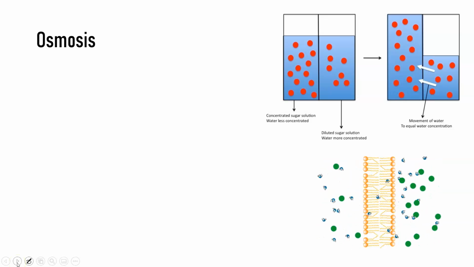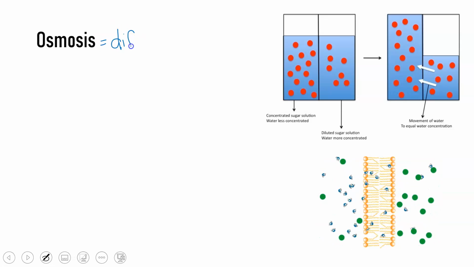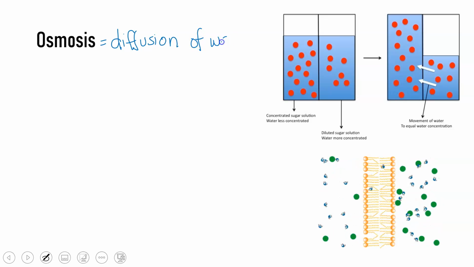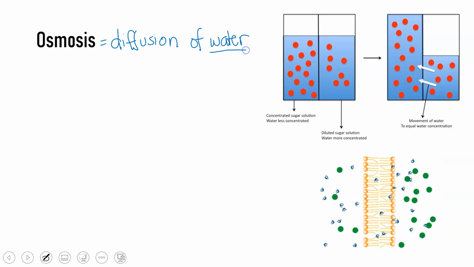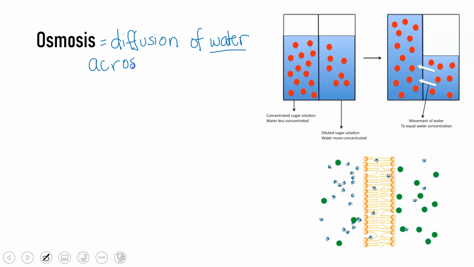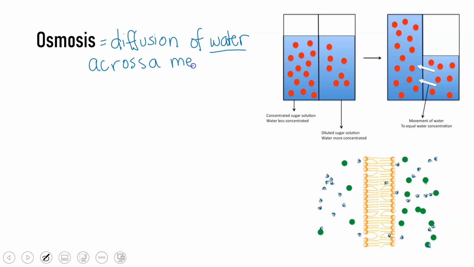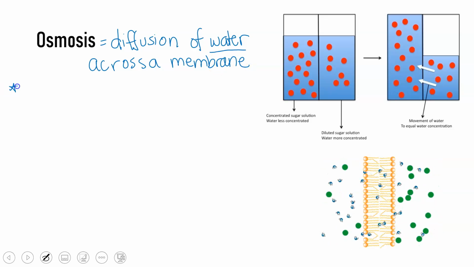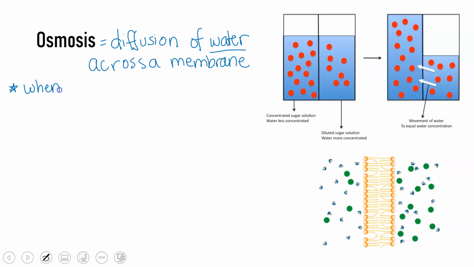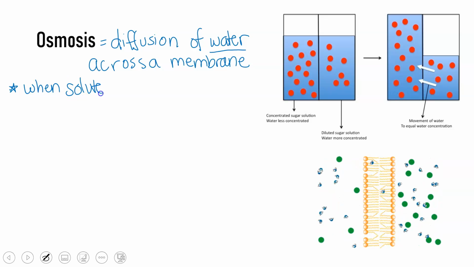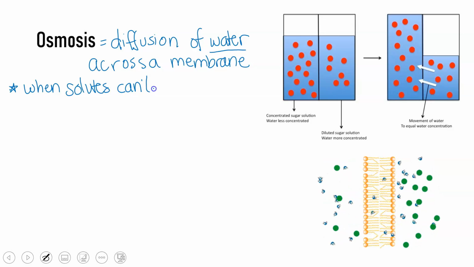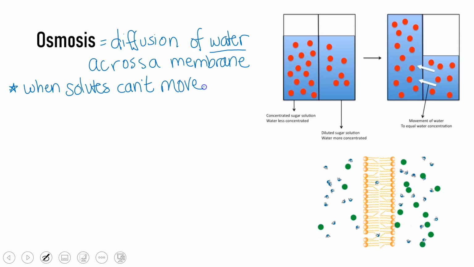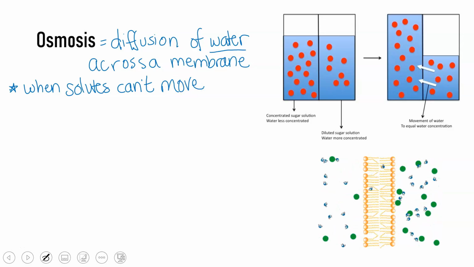So osmosis is the diffusion of water, that solvent, across a membrane. Okay, this happens when the solutes can't move. So let's say there's a difference in salts on either side of the membrane.